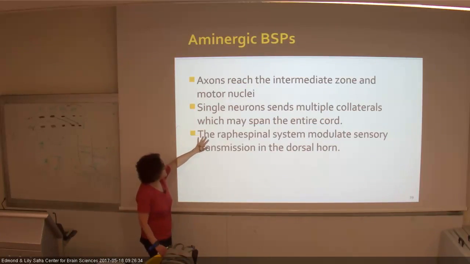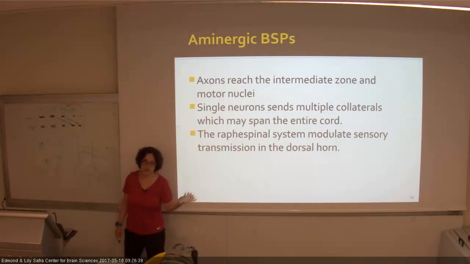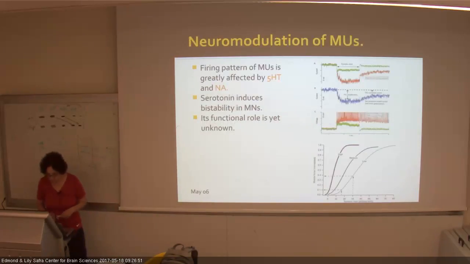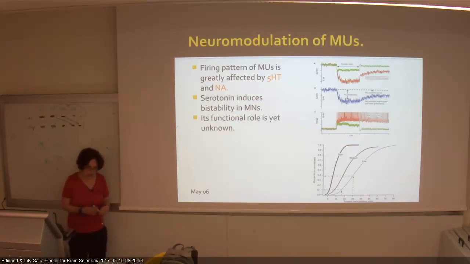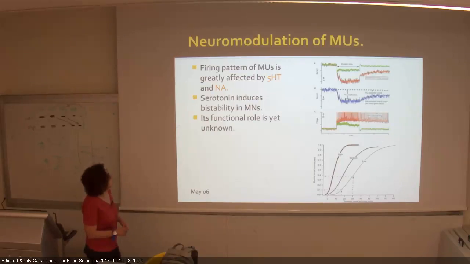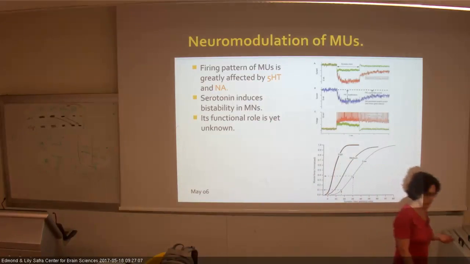At least what we think is that the raphe spinal system modulates sensory transmission in the dorsal horn. So serotonin can affect motor neurons, but it can also affect or gauge sensory information that arrives to the spinal cord. So I just want to show you what is the impact of serotonin. Motor neurons are very sensitive to application of serotonin.